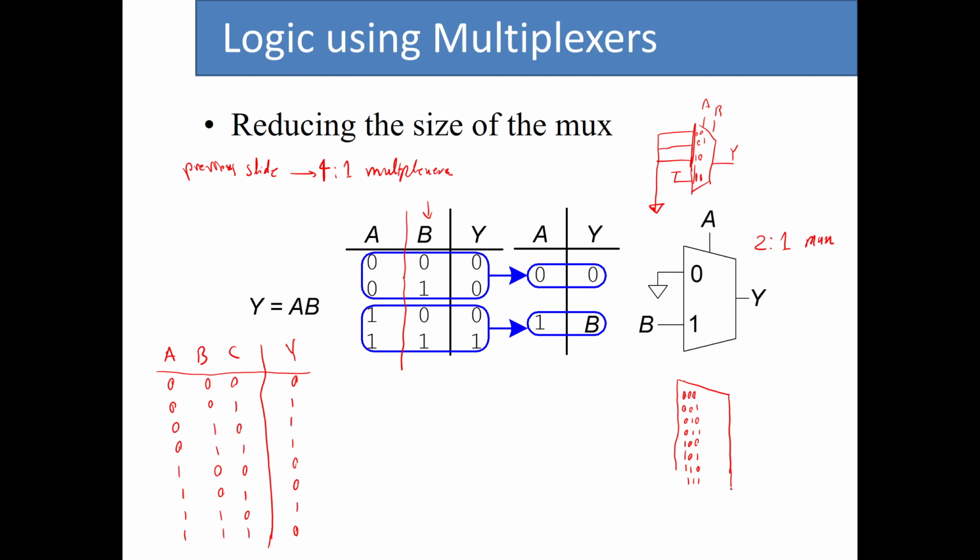So I close it like this. So we have A, B, and C as the 3 select inputs for this 8 to 1 multiplexer. You see we have 8 possible inputs, and then we only have 1 output, which is Y.